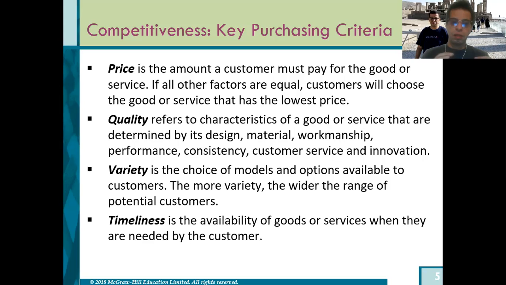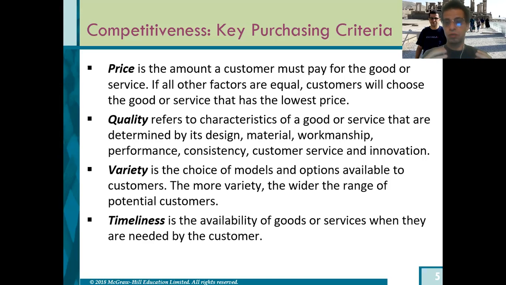Then we talk about variety, which is the choice of models and options available to your customers: different colors, different sizes, different options, different speeds, all these things. The more variety, the wider the range of potential customers.